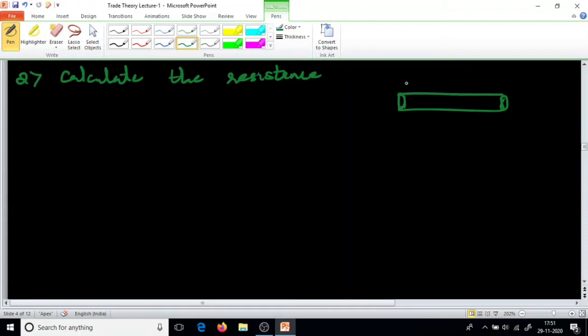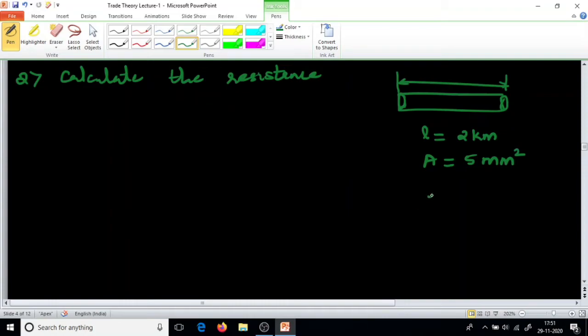This is a conductor. L equal to, the length of the conductor is 2 kilometer, and the area is given as 5 mm square.